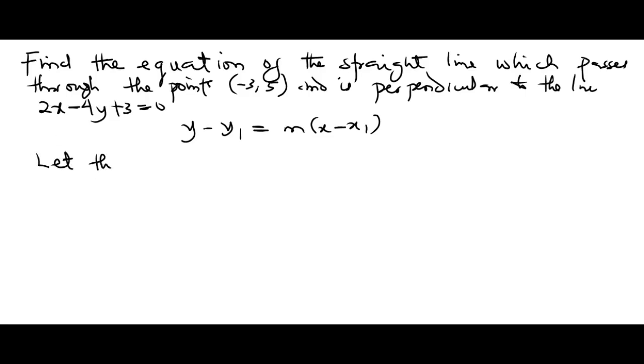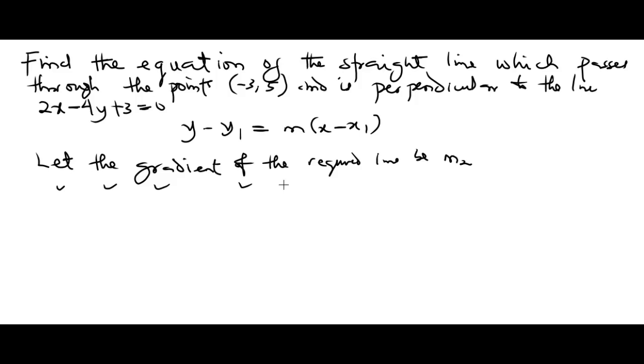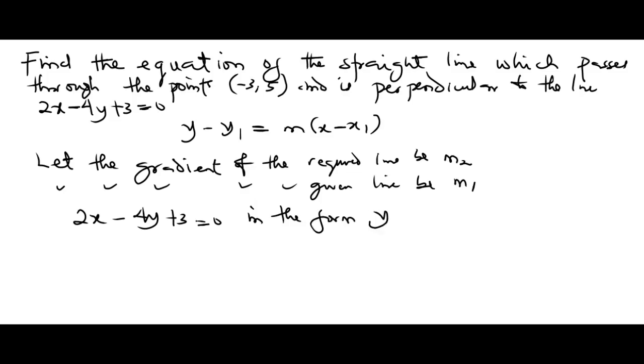Let the gradient of the required line be m2 and let the gradient of the given line be m1. I'm going to rewrite 2x minus 4y plus 3 equals 0 in the form y equals mx plus c, so that I'll be able to get our slope.